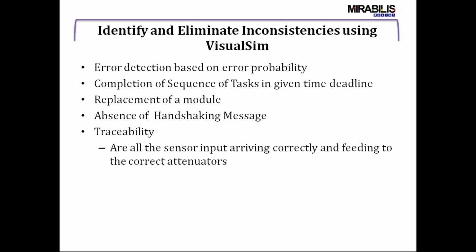Okay, and in addition to that, one of the very common reasons for inconsistencies will be replacement of a particular module. So when you started off designing a particular system, you might have selected a particular component or a particular subsystem for doing a specific job.